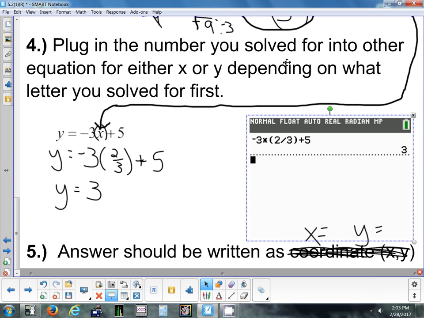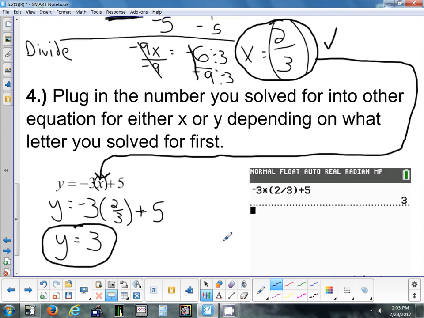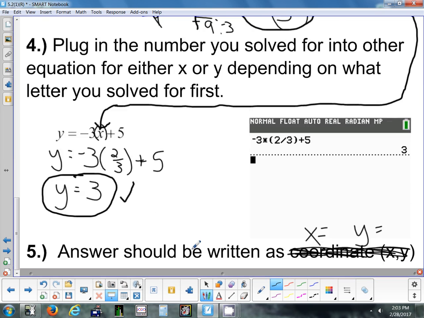Or on the test on Friday, if it was a multiple choice question, it's going to be written as x equals, y equals. So for this problem, what would I write? y equals 3 and x equals 2/3. So I'll go down here, x equals 2/3, comma, y equals 3.